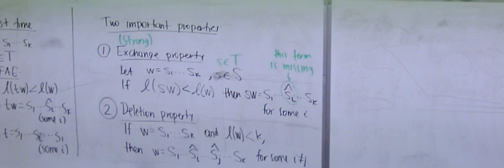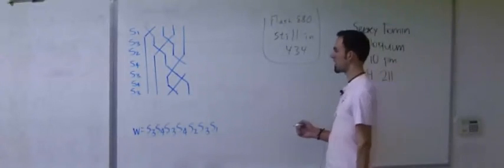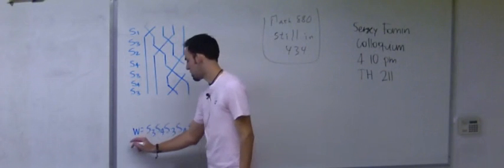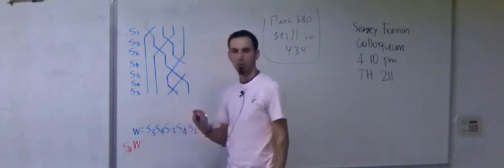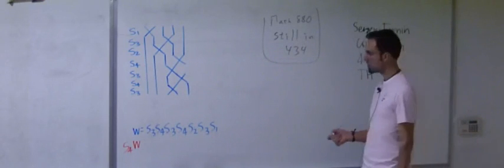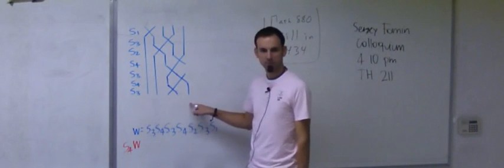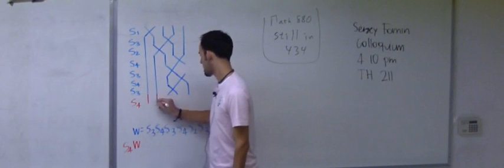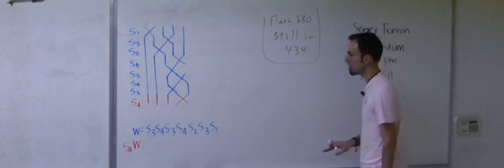Now I claim that if I multiply this W by the generator S4, what am I doing when I do that? All I'm doing is sticking S4 below here, right? So here's S4, and I go like this, like this, like this, like this, and like this.